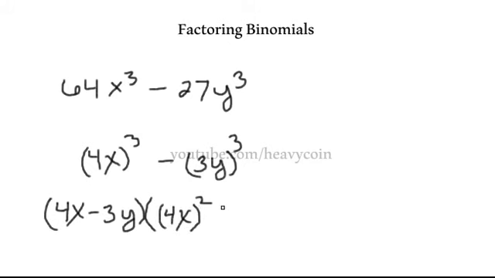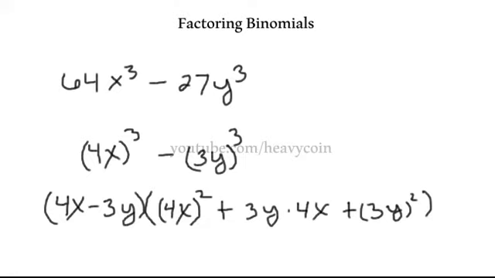If this is a minus, then we write a plus, and then it would end up being this number here, which would be 3y times this guy, which is 4x, plus, and then we square this piece here, which is 3y quantity squared.